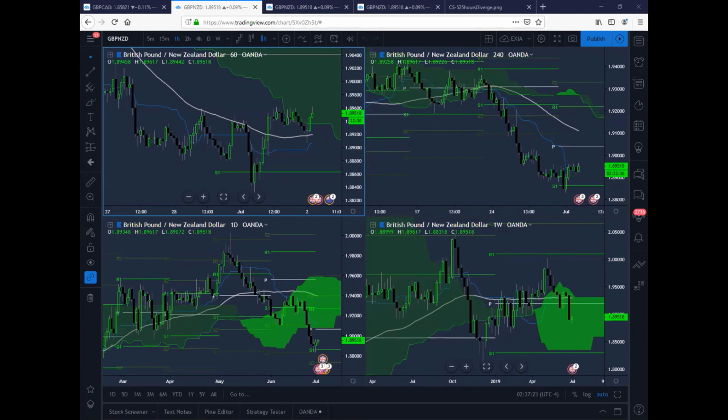All right, ATR cheat sheet. All right, NZ 100 pips. There we go. Let's do it.